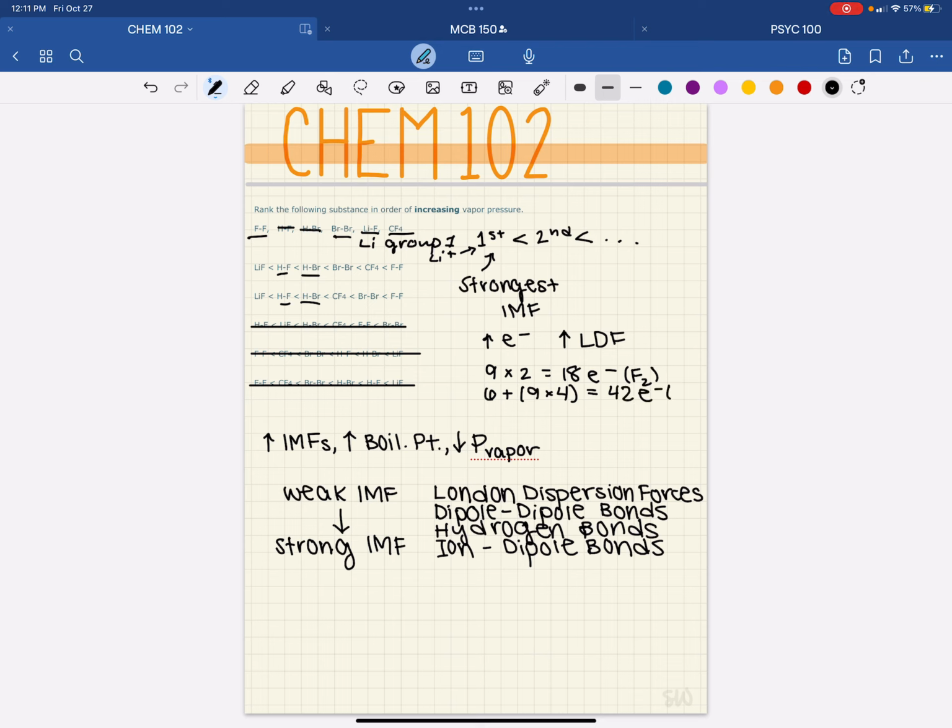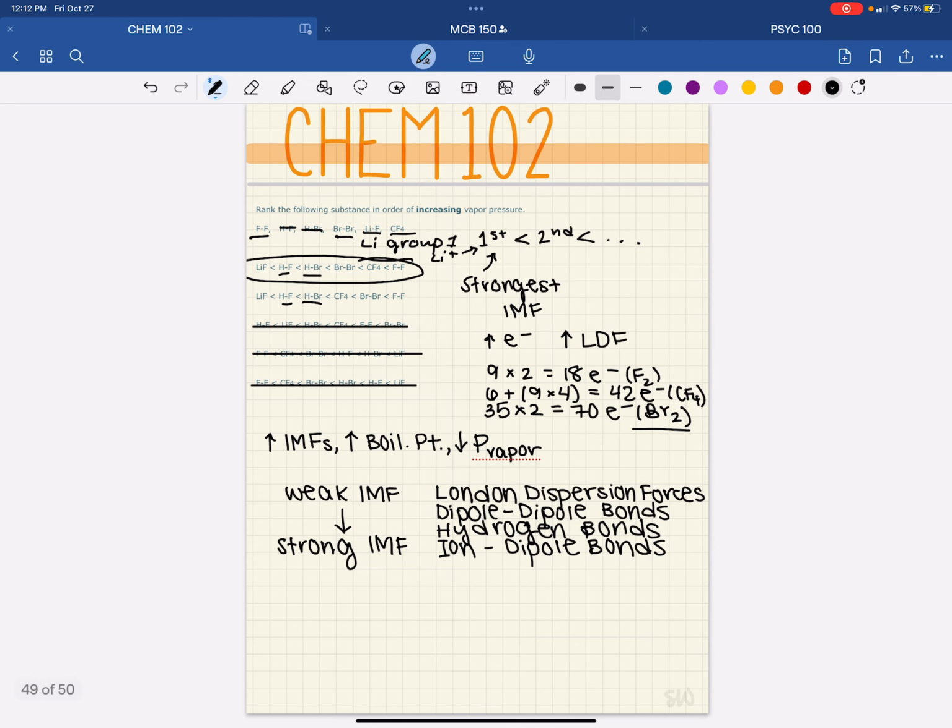And then bromine has 35 times 2, which is 70 electrons in Br2. Therefore, Br2 should be our next on the list, making this one our answer.